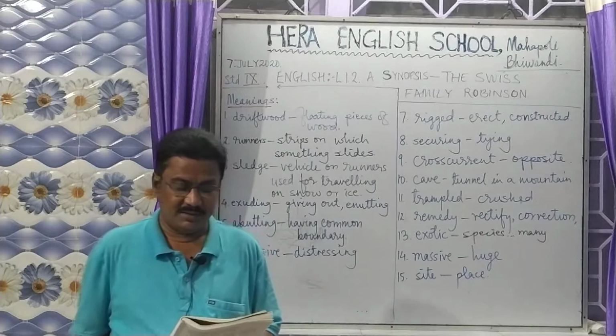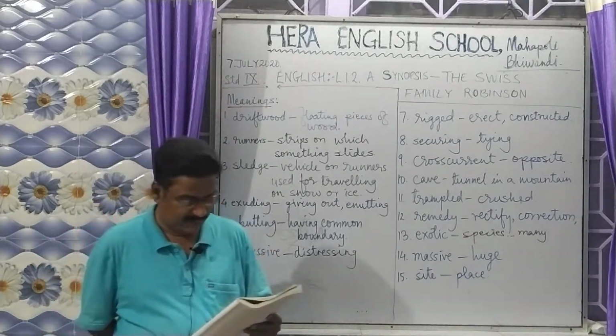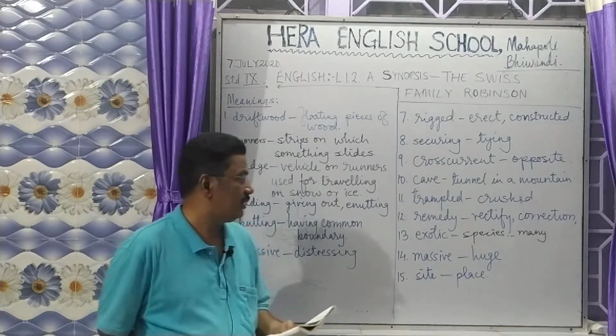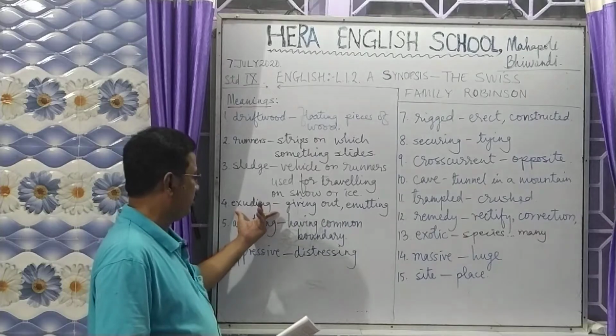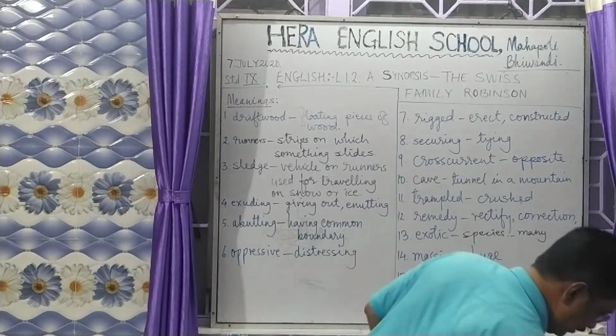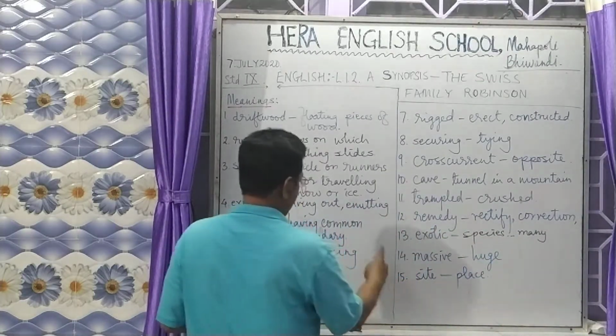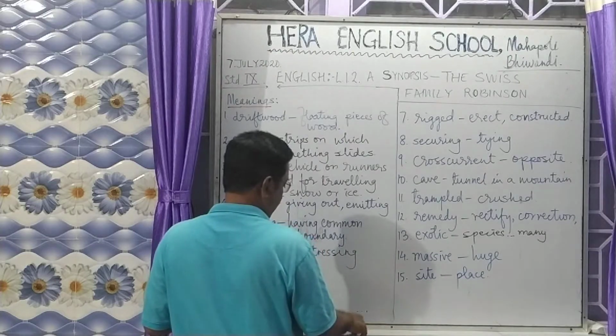Fritz discovered a tree exuding a rubbery sap. Exuding means giving out or emitting. If I'm not mistaken, I've given you the meaning of that also. Yes, here it is. Exuding means giving out or emitting. E-M-I-T-T-I-N-G, emitting.